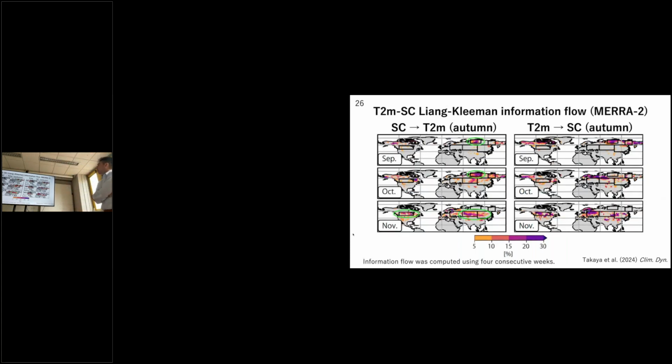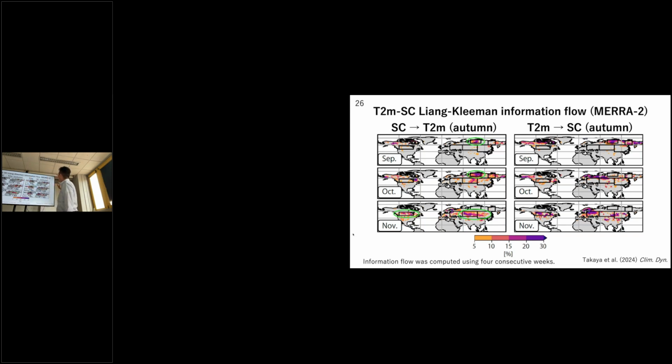Now I'm showing the 2-meter temperature and snow cover information flow results. By the way, this figure shows the results for autumn, September, October, November. On the left, we see the causality from snow cover to 2-meter temperature.